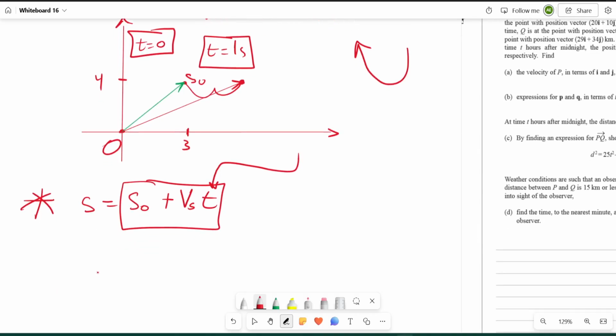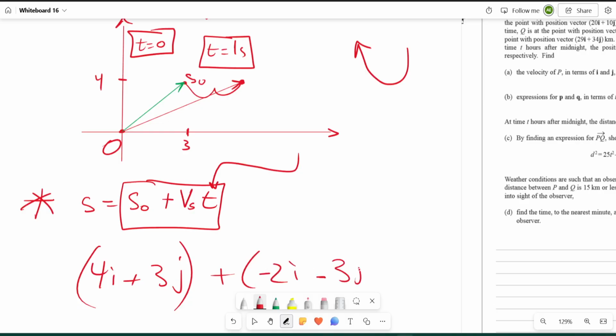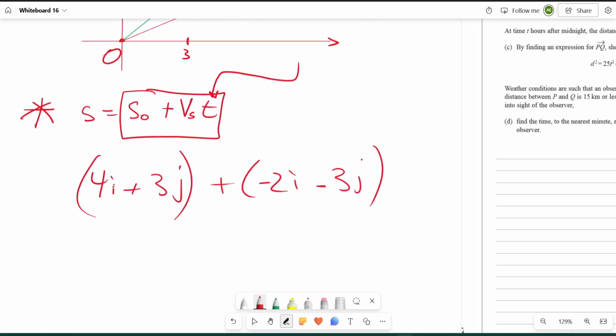And I believe you know that we can add vectors. So let's say I have 4i plus 3j, this is one vector, plus negative 2i minus 3j, for example. I can add the vectors, so add the i components together: 4 minus 2 is going to be 2i, and 3 minus 3 is just 0j. So the final answer is going to be 2i. So vectors can be added or subtracted.